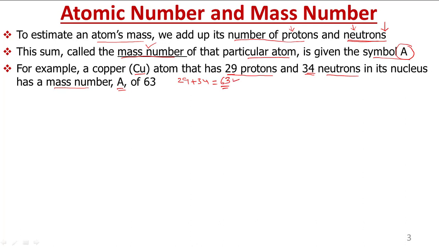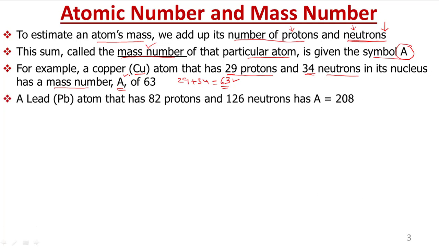So 63 is the mass number of copper, and it is given symbol A. Similarly, lead, which has 82 protons and 126 neutrons, has mass number 208, which is obtained by adding the number of protons 82 plus the number of neutrons 126. If we add these two, we will get 208.